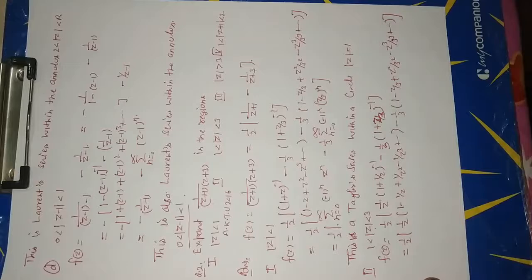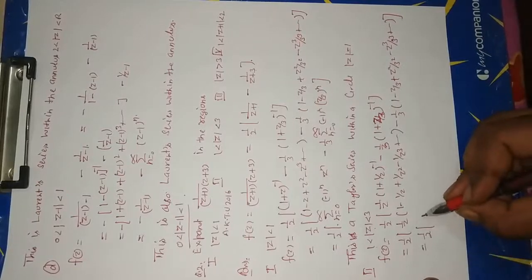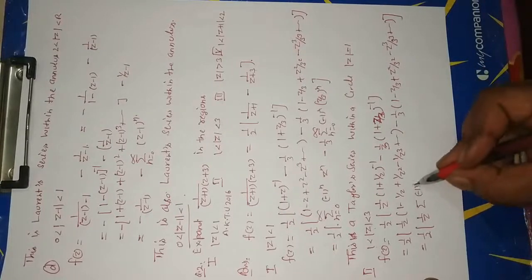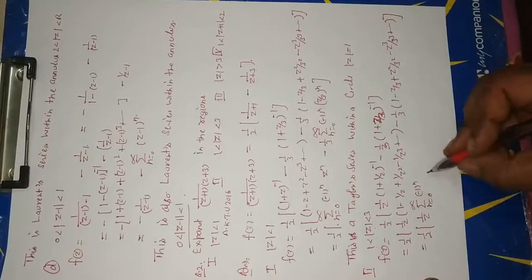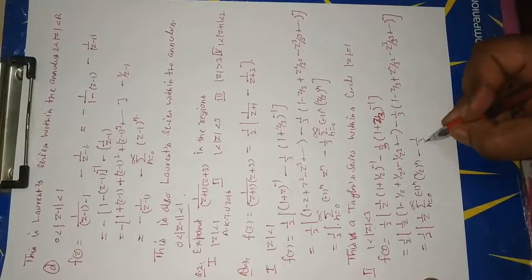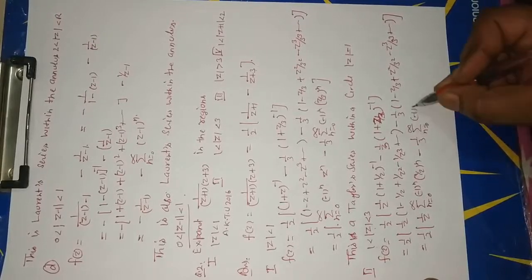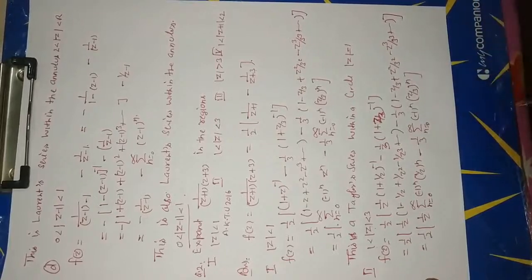This is equal to 1 upon 2 [1 upon z summation (−1)^n, the limit of summation 0 to infinity, (1 upon z)^n − 1 upon 3 summation n = 0 to infinity (−1)^n (z/3)^n].